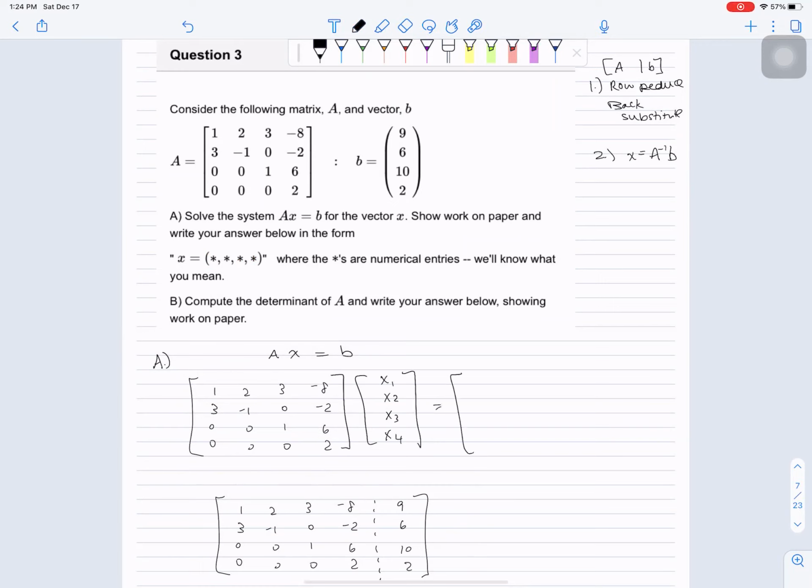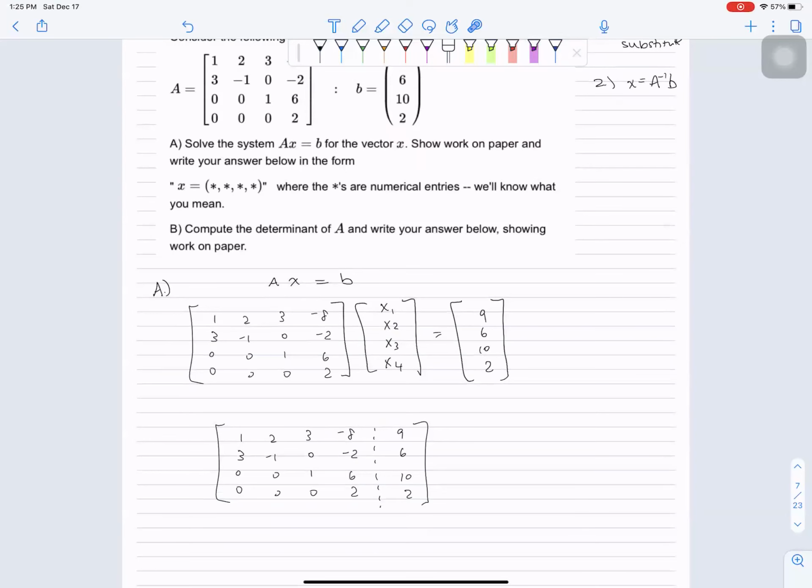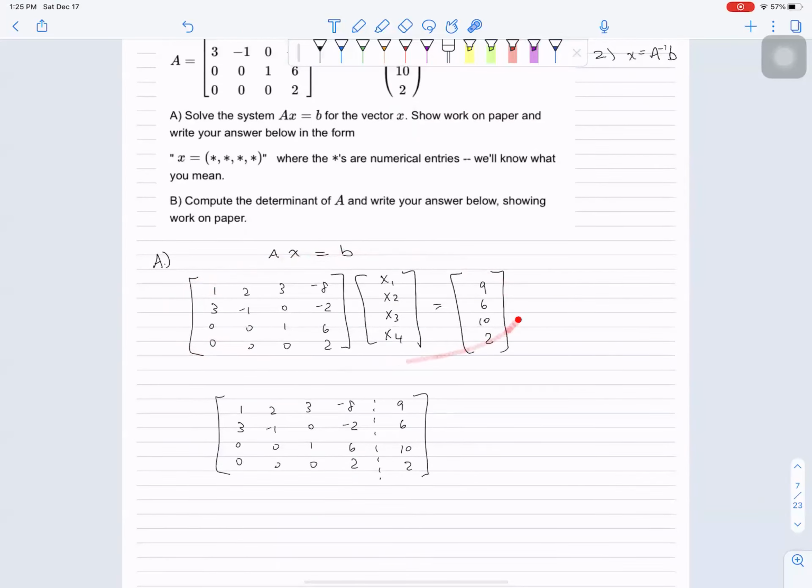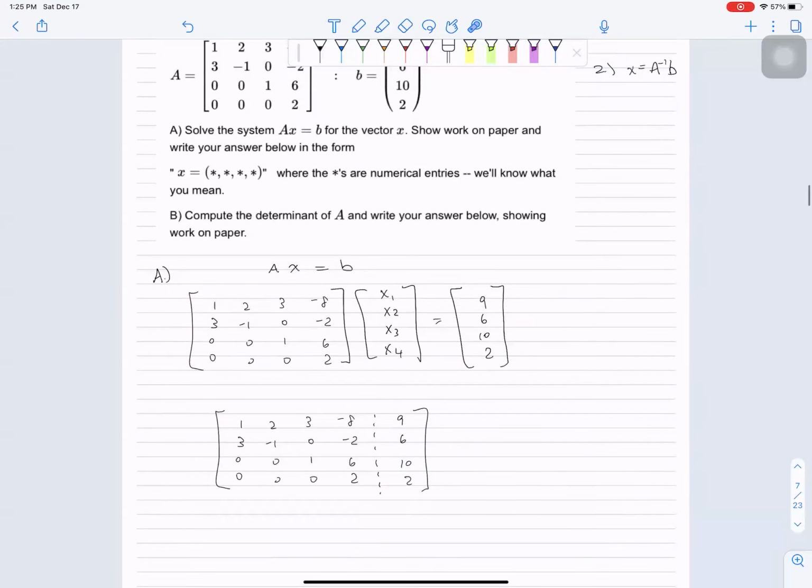And that should equal my B matrix. I know there should be 4 stars or 4 variables because in order to properly matrix multiply, the number of columns here should equal the number of rows here. Like I should be able to matrix multiply correctly. Okay, so from this system of equations, I get this augmented matrix, and now I row reduce.